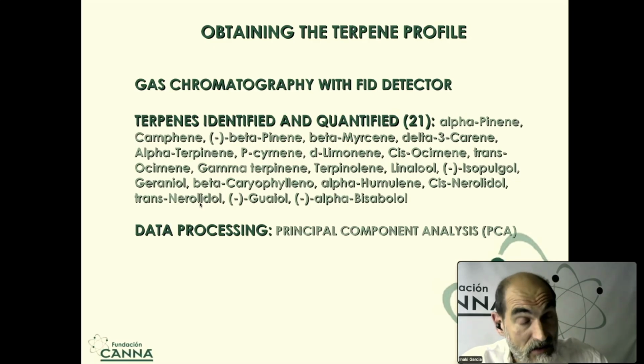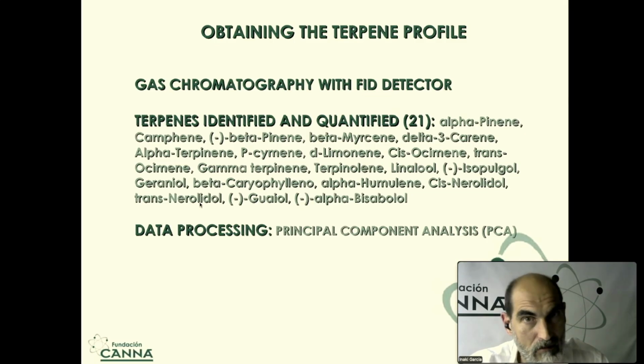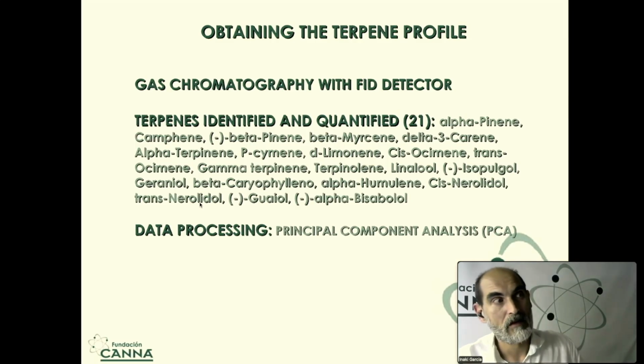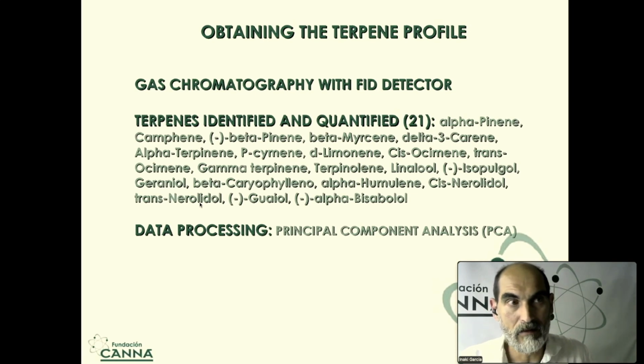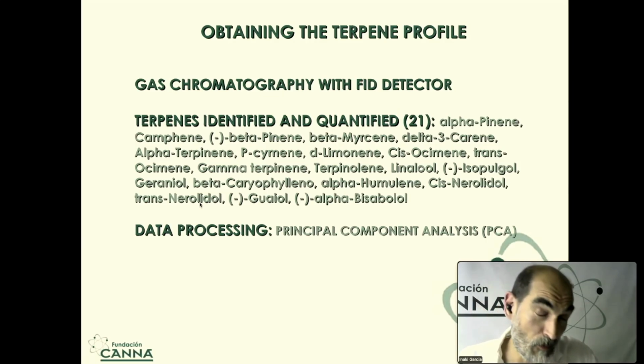This statistical tool allows us, first, to identify which terpenes have the greatest weight when it comes to grouping or classifying the samples, or the plants, and not only which terpene has the greater effect, but it also allows us to group the plants or the samples.